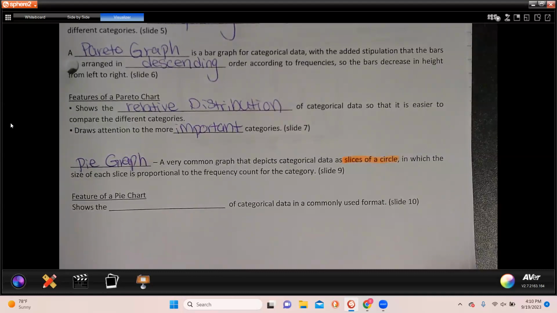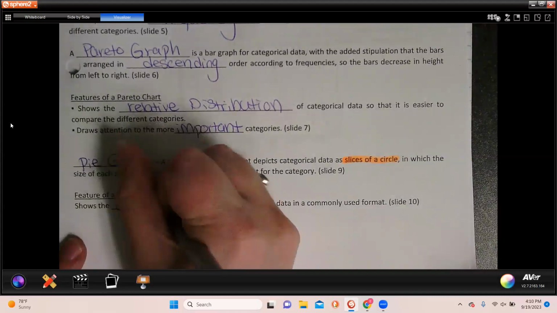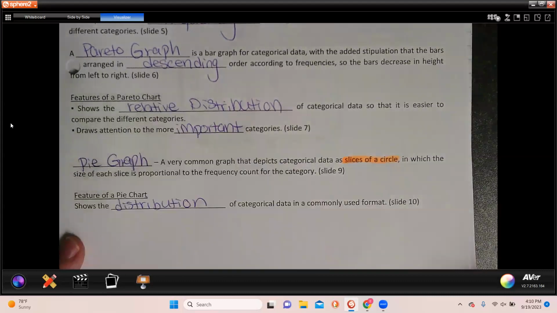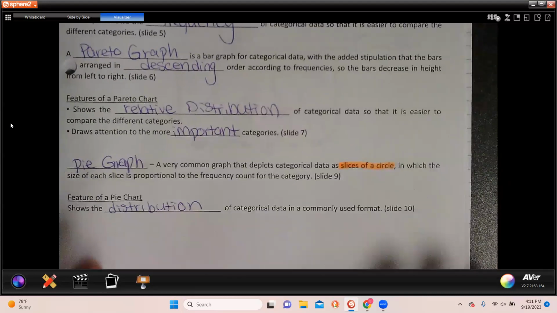So the biggest frequency will have the biggest slice of your pie. A pie chart will only show the distribution of the categorical data. It will not show anything else. Pie charts are actually effectively useless in reality because you can't really draw any kind of conclusion from it. The best you can see is the difference between the different categories.